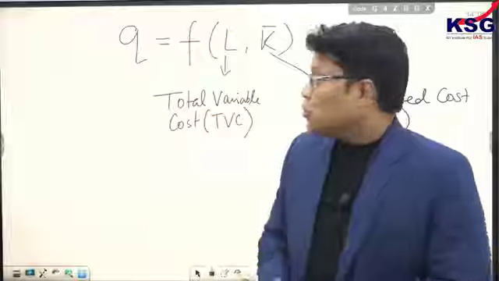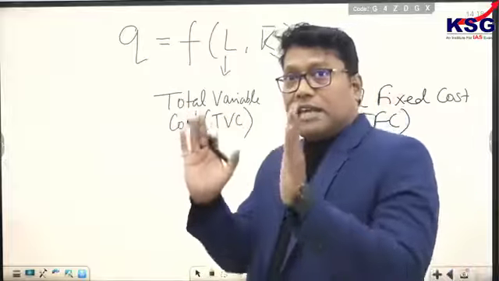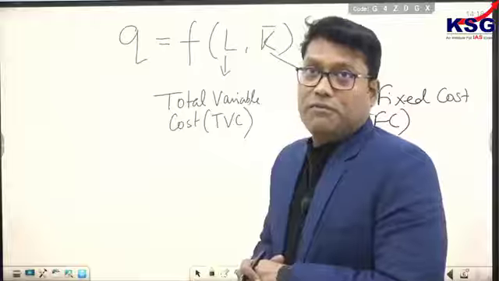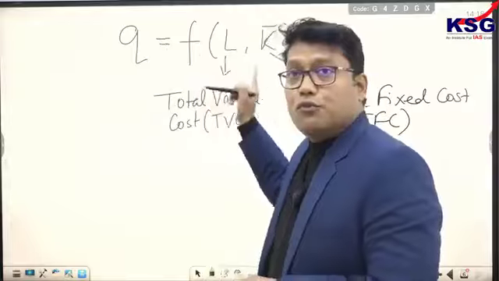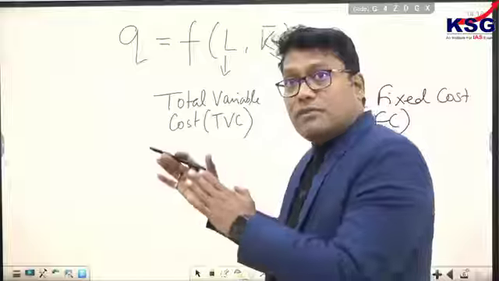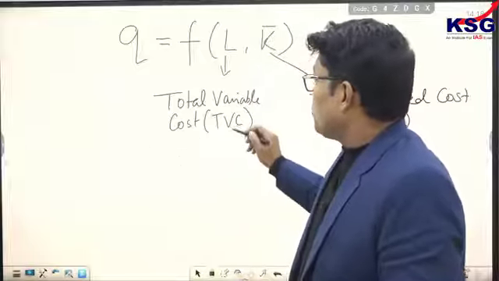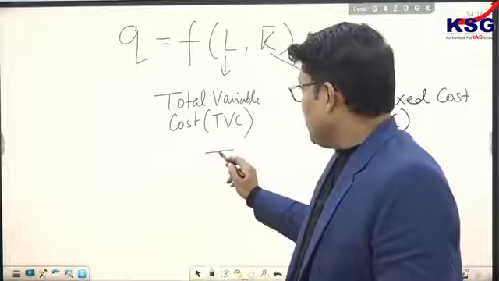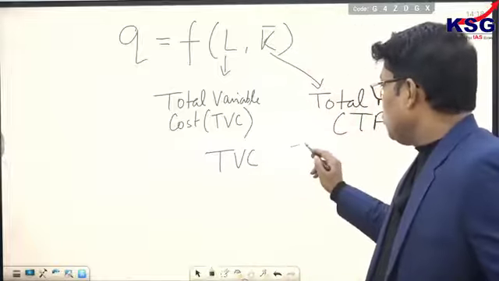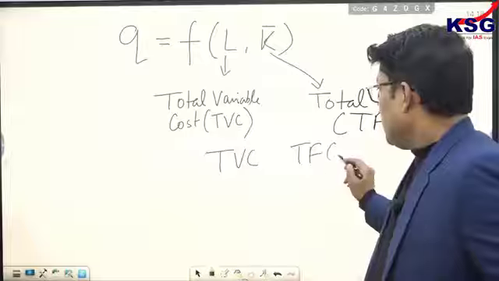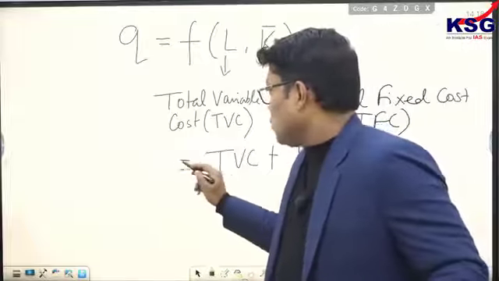Clear? In a very simplified version, if we want to produce anything, we are using two factors, one variable and one fixed. The total cost incurred on the variable input is known as TVC, and the total cost incurred on the fixed input is known as total fixed cost, TFC. If you add them, you can get total cost.